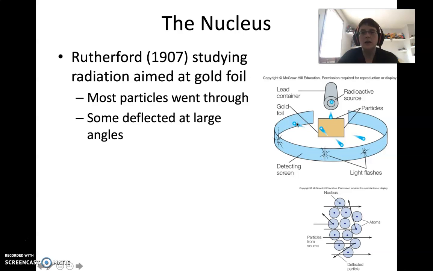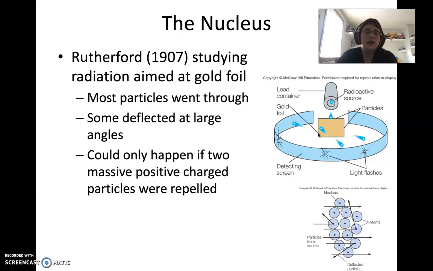But he found them hitting way over here and way over here and over here, which told him that there was something that these particles were hitting in the gold. And it could only happen if there were two positive charges repelling each other. That would explain this huge deflection, just like the negative charges of electrons are going to be repelled.